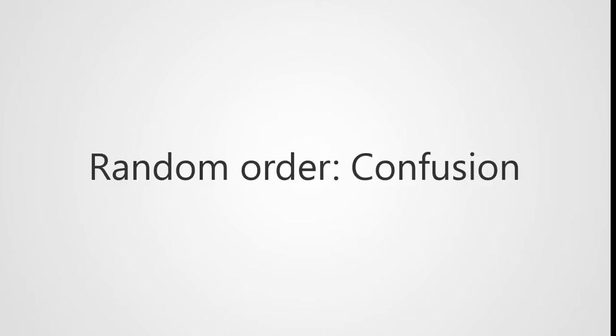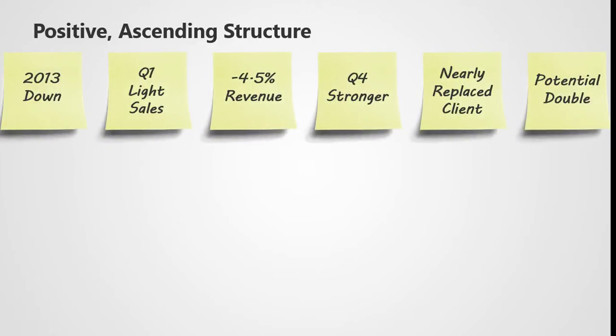So by randomly ordering things, we lose that information, we lose that theme. What we need to do is find our theme, and then build a structure around that. Now, we could structure that in this way, so an ascending structure. At the front, we say, okay, 2013 was a down year. We lost 4.5% on revenue from 2012, and the first quarter is going to be a light quarter.